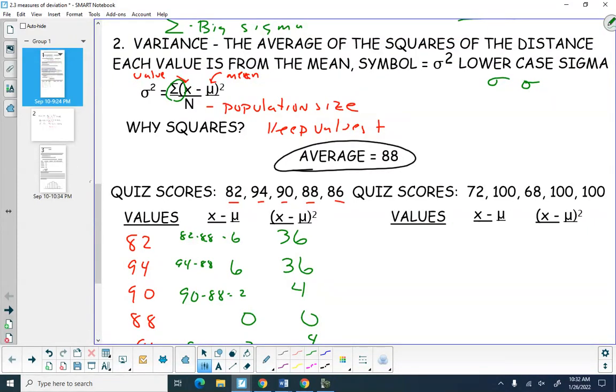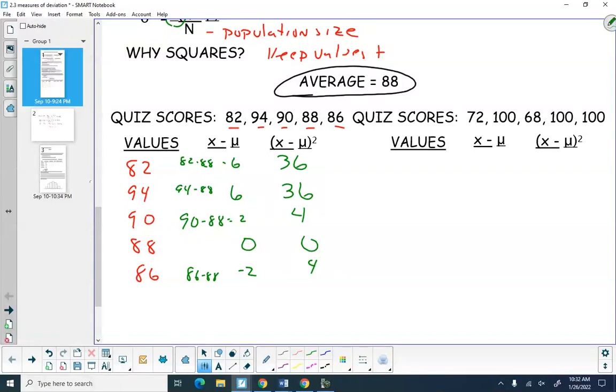The sigma there means we have to add down. So we add down our last column. This is your x minus mu squared, value minus mean squared. We add down this column to give us 80.